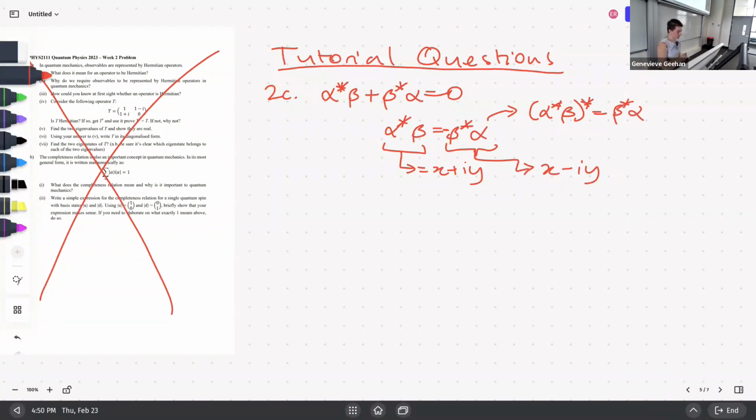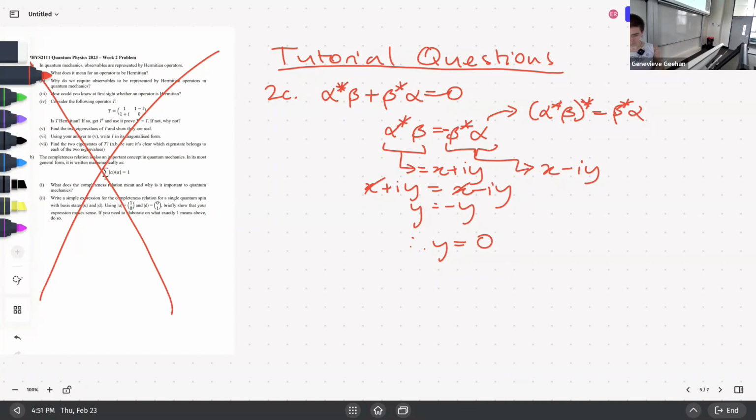Okay, so that means that we have, and cross out the x's, and also cross out the i's. That means we have y equals minus y, which only makes sense if y equals 0, which means there's no imaginary part.